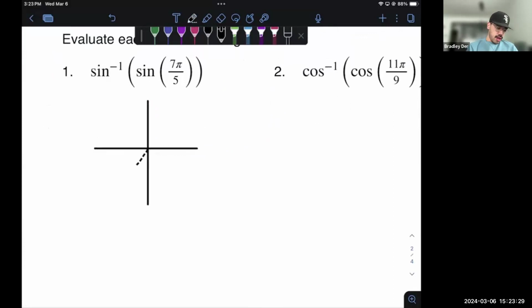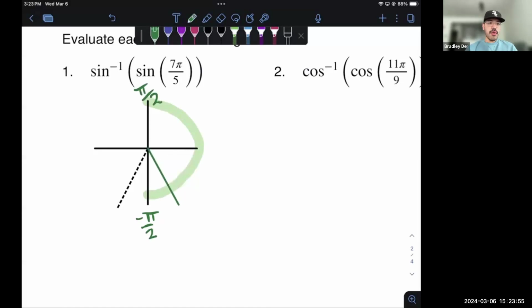7 pi over 5 would be past 5 pi over 5, somewhere in quadrant 3. But inverse sine has an output in quadrant 1 or 4, from -pi over 2 to pi over 2. So I would be looking for an angle measure that has the same sine value, the same y coordinate.